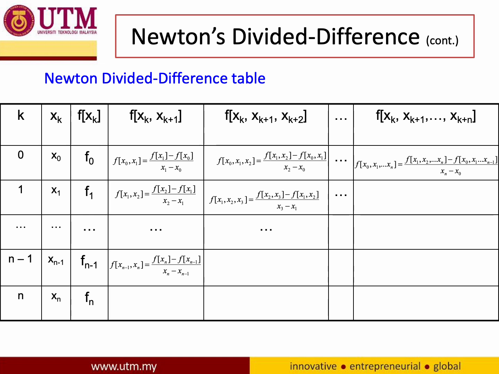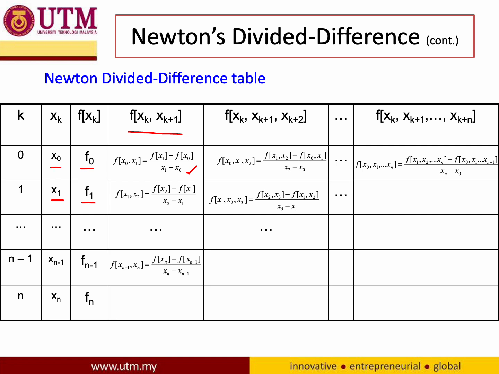We need to find the column for the first divided difference, the column for the second, and so on. If you want to find this, this will be the equation: f(x1) minus f(x0), divided by x1 minus x0. Then you will get the value here.